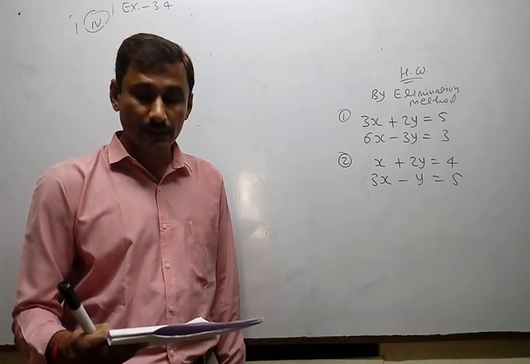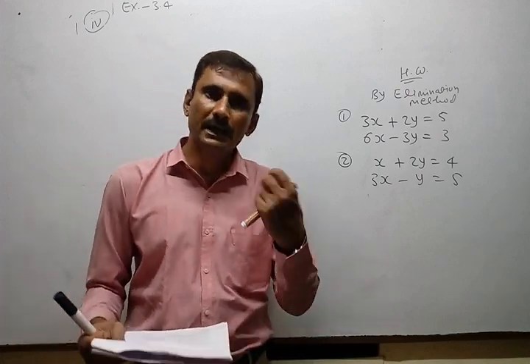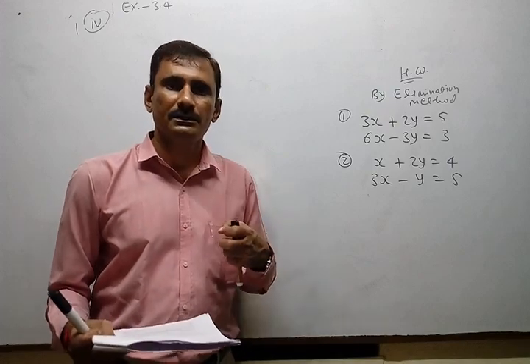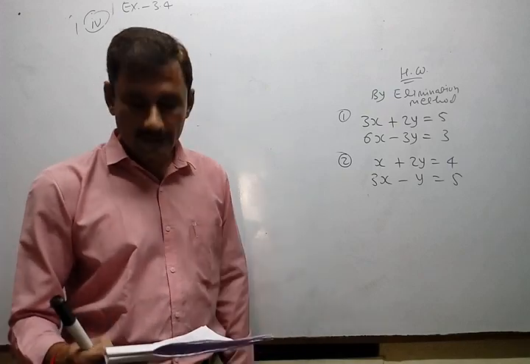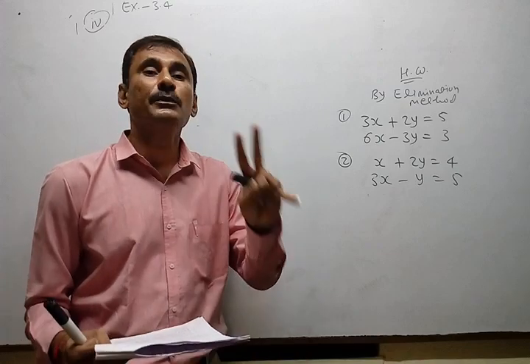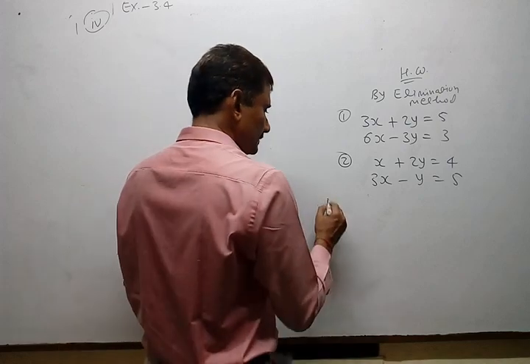How old are Nuri and Son now? Okay, if it is not clarified, they are asking the present age. So this is repeating only. The same type of sum we solved in 3.1, in 3.3 also. So it is repeating.